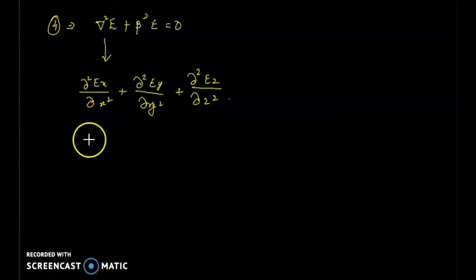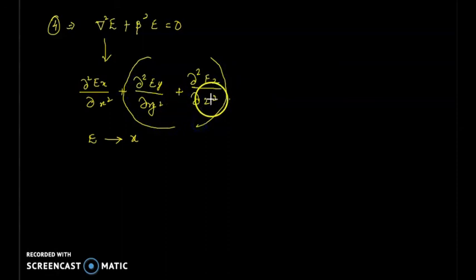But E is oscillating along the x-axis, so there is no point in differentiating this function with reference to y and z. Now we can replace del square E with dou square Ex by dou x square.